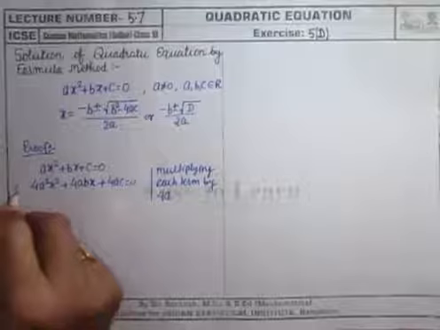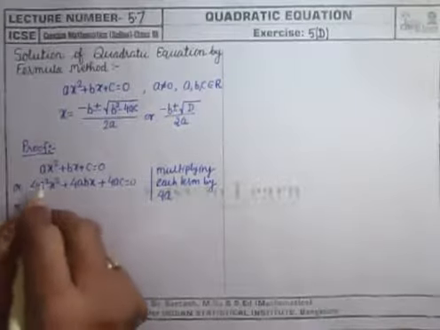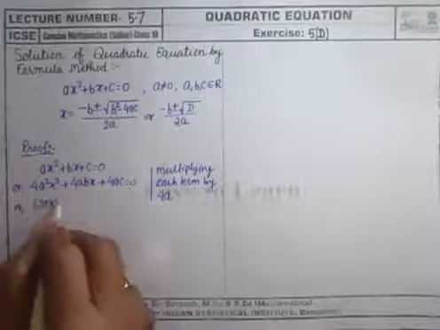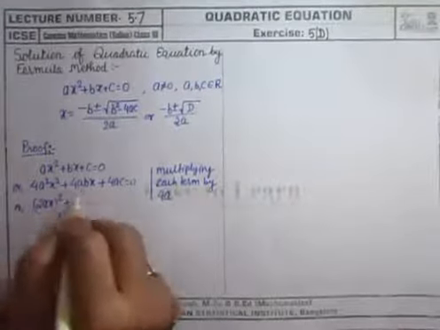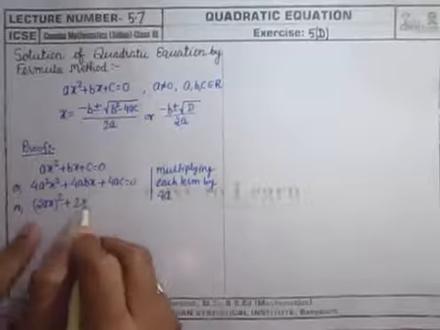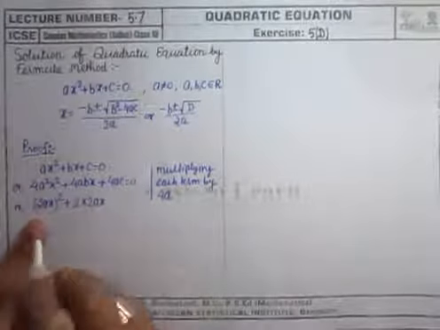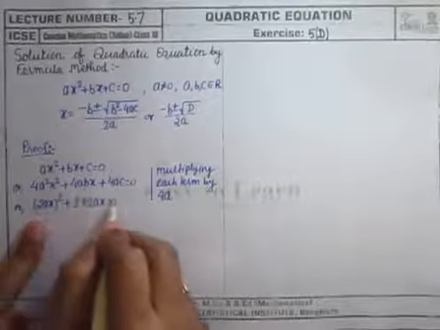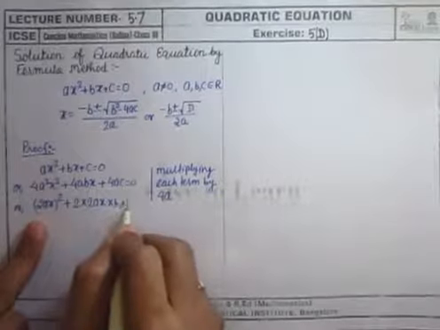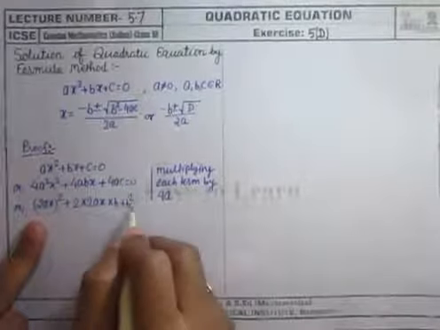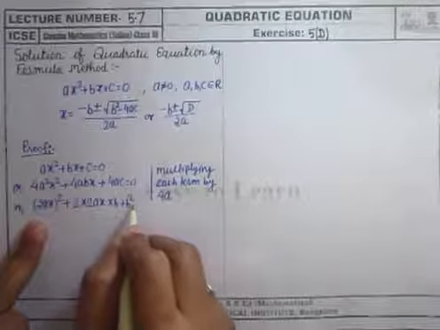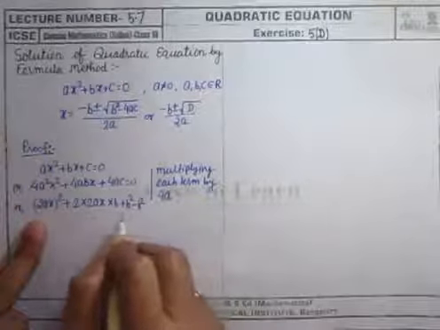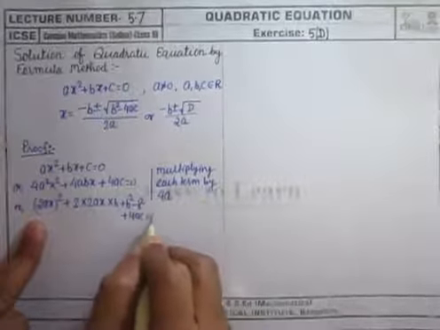Now we can write this as 2ax whole square plus 2 times 2ax into b, so 4abx, plus b square. We have added an extra b square, clear? Minus b square we have to subtract for balancing it, and plus 4ac is equal to 0.